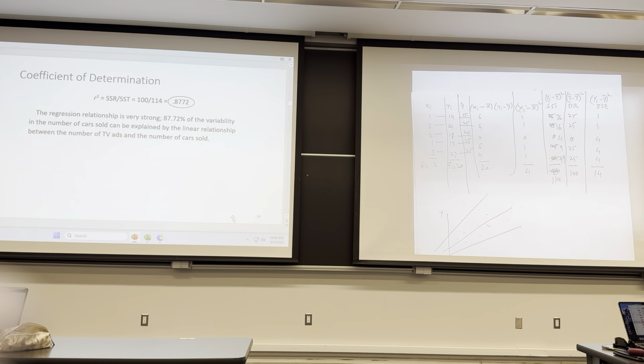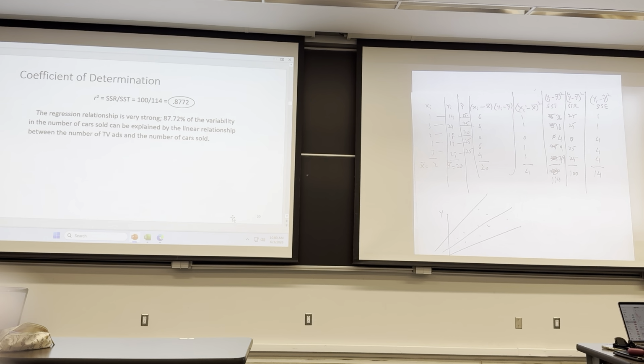The regression relationship is very strong. 71.43% of the variability in the number of cars sold can be explained by the linear relationship between the number of TV ads and the number of cars sold. So the interpretation is, 71.43% of the variation in car sales is explained by the regression relationship with TV commercials.